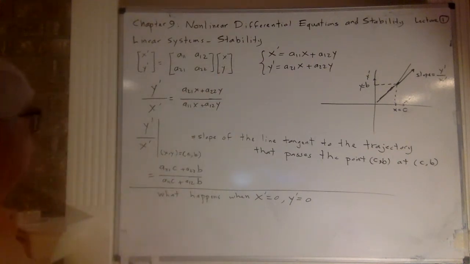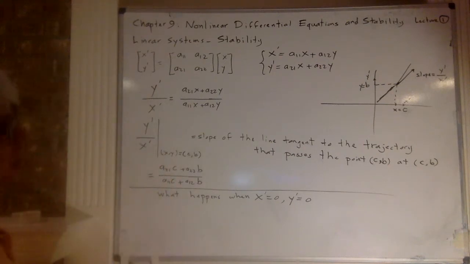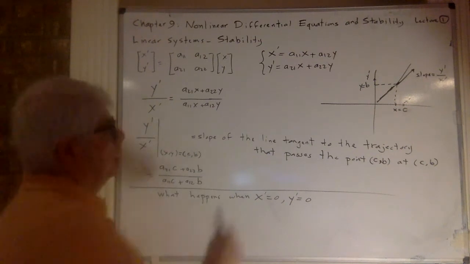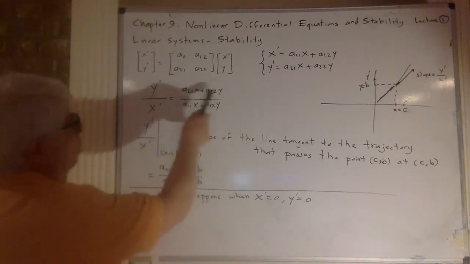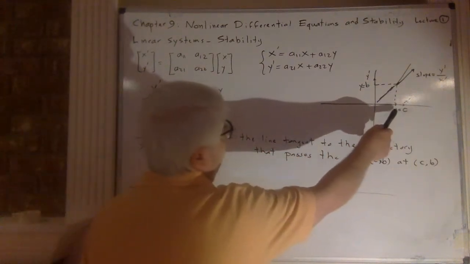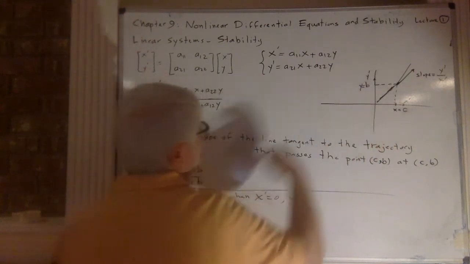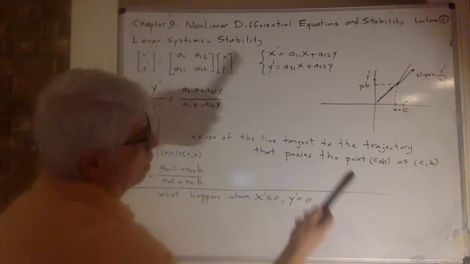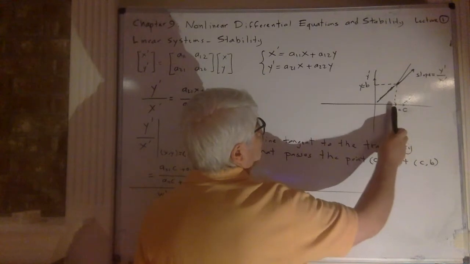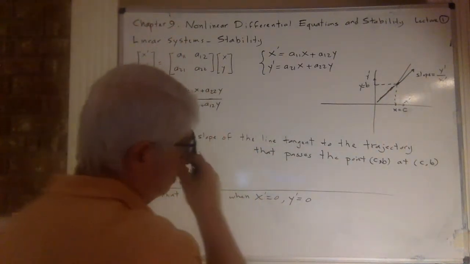And from Calc 3, you know that the y prime over x prime is in fact the slope of the line tangent at any point xy. So if x is c, for example, y is b, at point CB, the x prime is speed on the x-axis and y prime is speed in the direction of the y-axis.